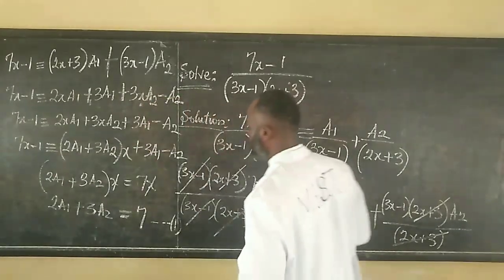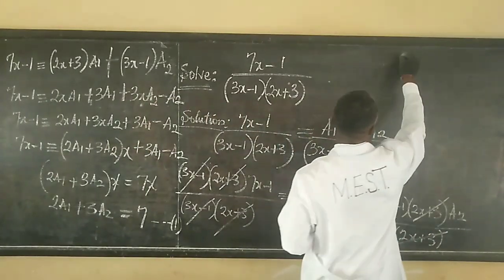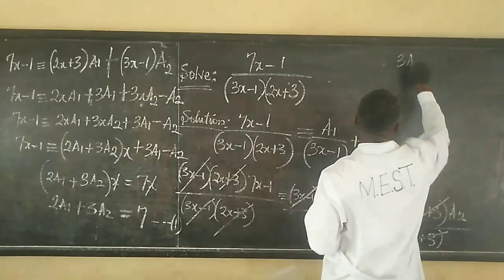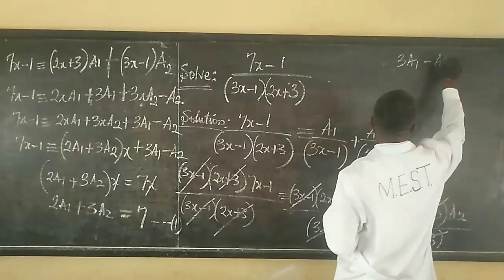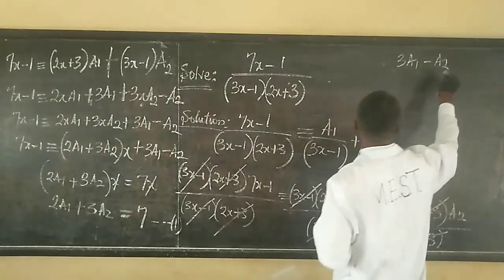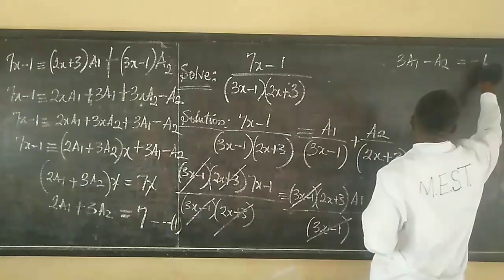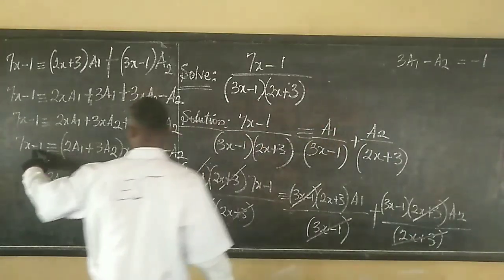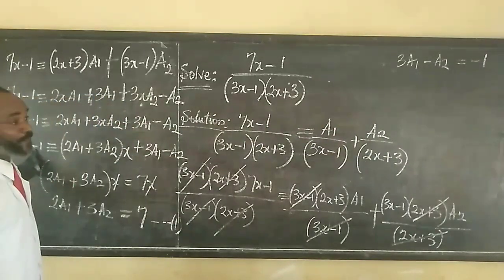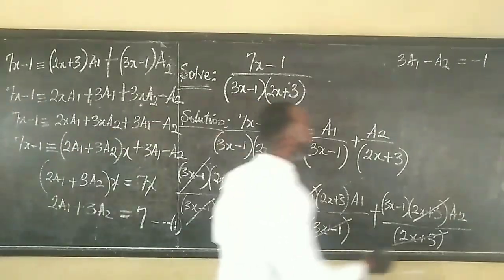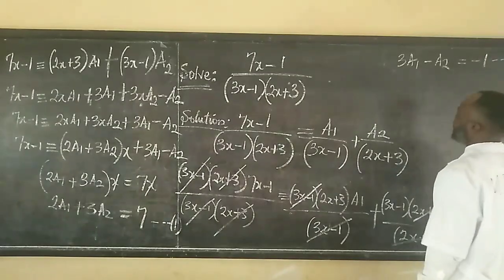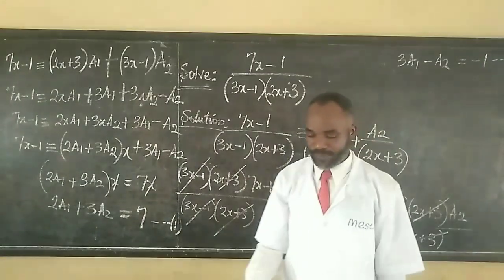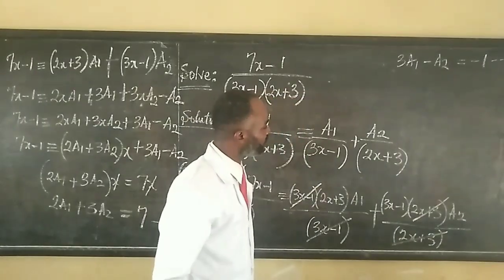So we have 3a1 minus a2, all equal to minus 1. We are equating to this. Yes, that is it. We now have equation number 2. Good. We can then solve this equation simultaneously.